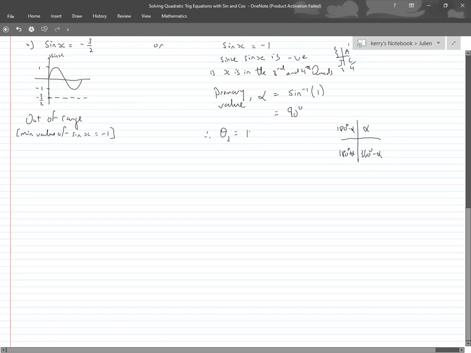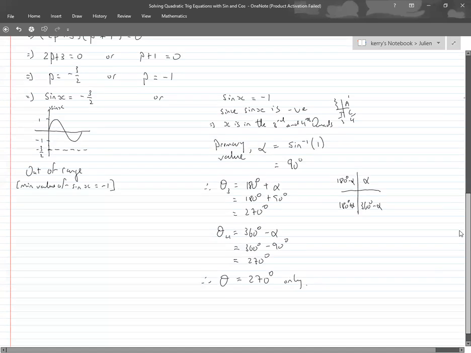So the third quadrant is 180 plus alpha, which will give us 180 plus 90 degrees, which is 270 degrees. So that's the third quadrant value. That's for our fourth quadrant value: 360 degrees minus alpha, which will be 360 minus 90 degrees, which also gives us 270 degrees. So therefore, what we end up with is that theta is equal to 270 degrees only. And that's the answer there.